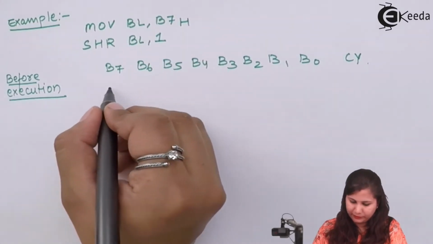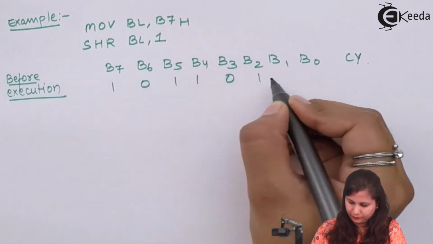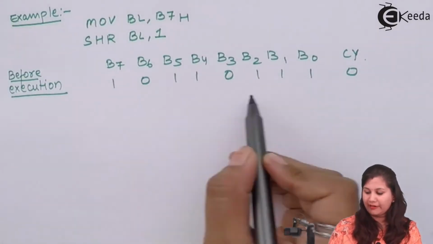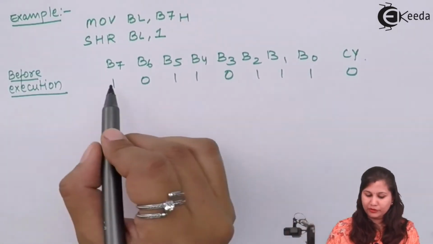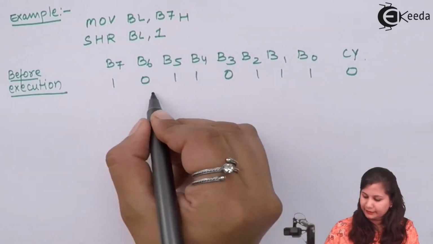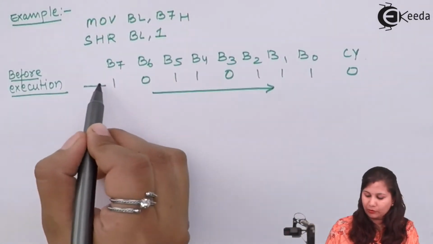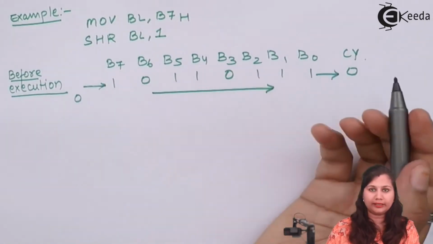So the BL register is having the B7 content. Now each of the bits is going to be shifted to the right hand side. And this MSB is now going to be made 0 and LSB will be shifted into the carry flag.